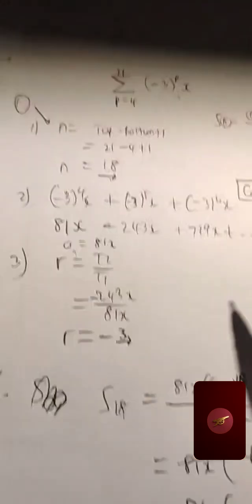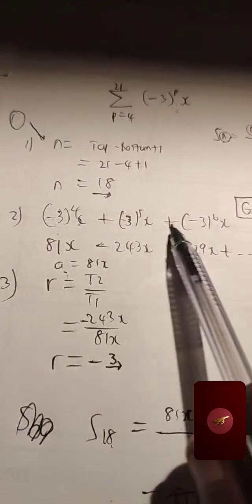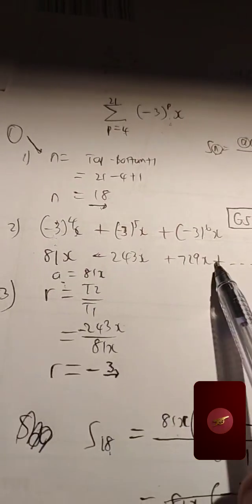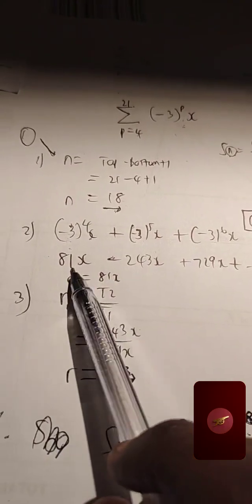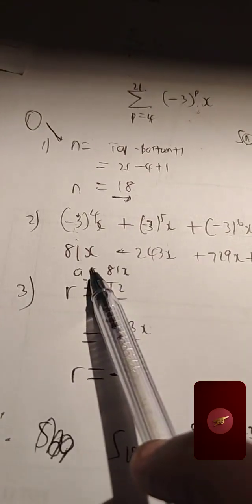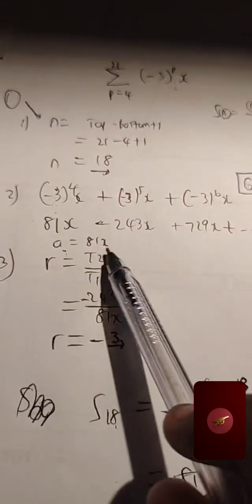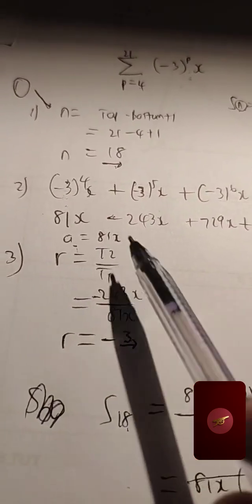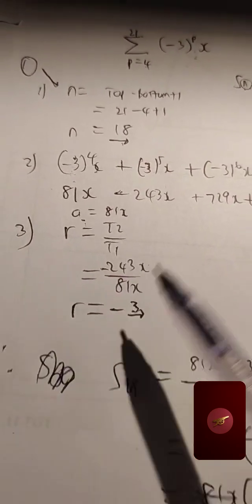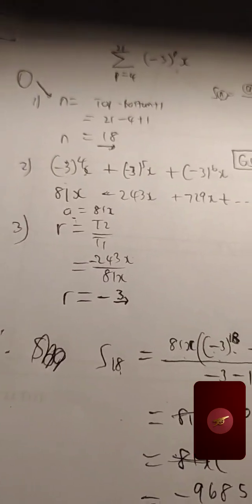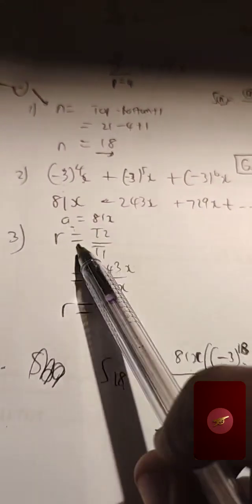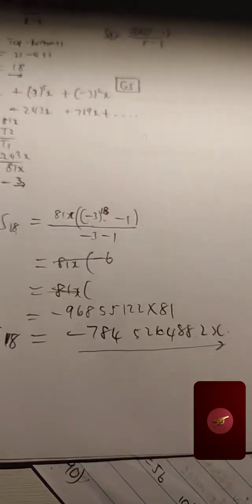Once we have that idea, we can write down our first 3 terms as a series. Then we can find A as per the geometric series. We need A, the first term, which is 81x. Then we need R as well, which is T2 divided by T1. After finding R, we use the formula and substitute all the values we amassed, N, A, R, and we get the answer.